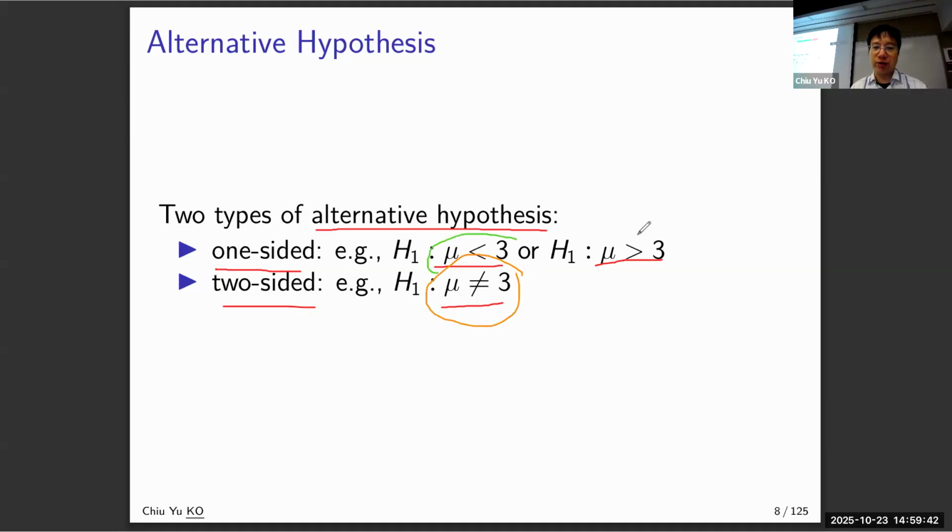But the question is, when do you use one-sided, less than or more than? It depends on the application. What do you mean by that? You ask yourself when you will take action. Suppose you are the government, checking a particular food.